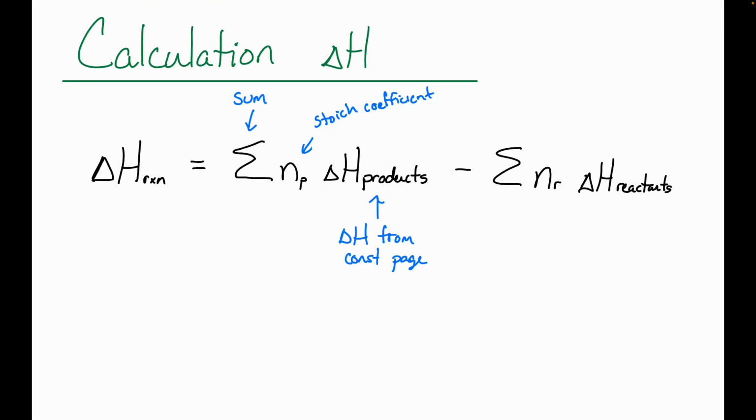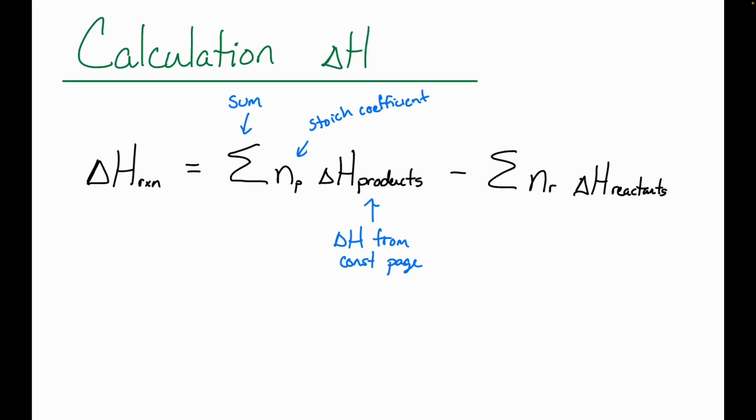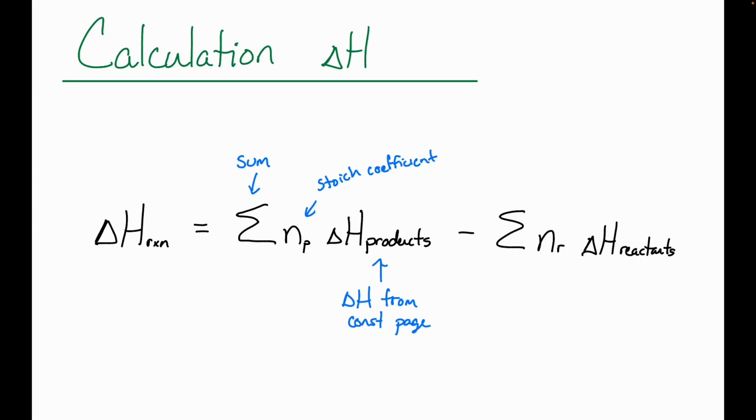All right, so when you go to that constants page and you start calculating your enthalpy, you're going to remember this one phrase that you're going to chant to yourself: products minus reactants. Products minus reactants. That's what we've got to remember. We've got to take those values that we get for our products, sum them all up, take the values that we get for our reactants, sum them all up, and we take products minus reactants.